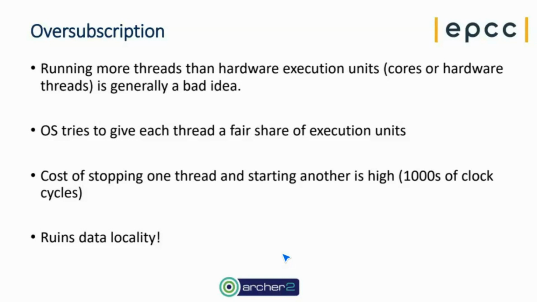You've got one thread running on a core, filling up the caches with its data. Then that thread gets stopped, another thread starts running, and none of the data it wants is currently in the cache. So running more threads than you have hardware resources is almost certainly never going to help.